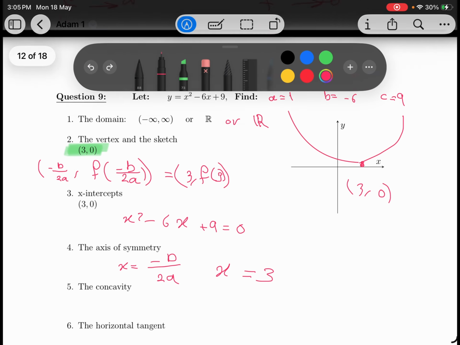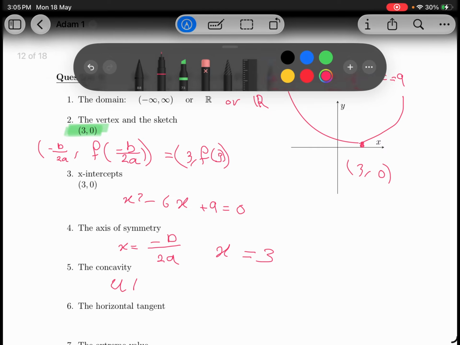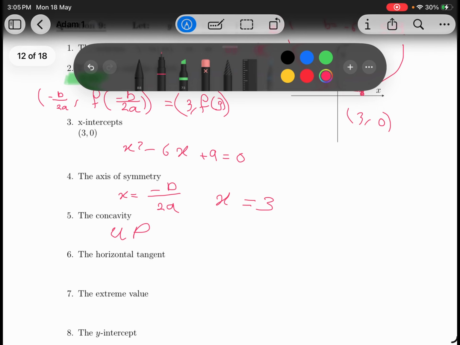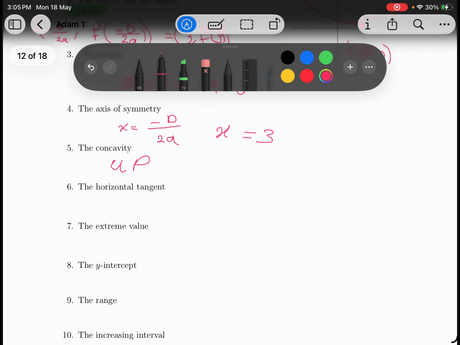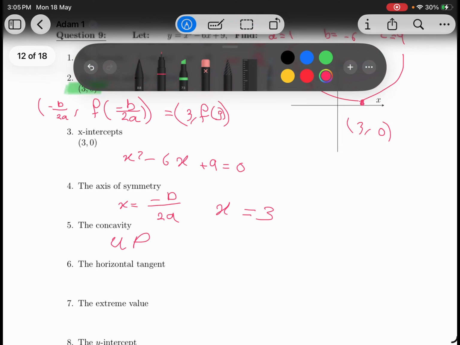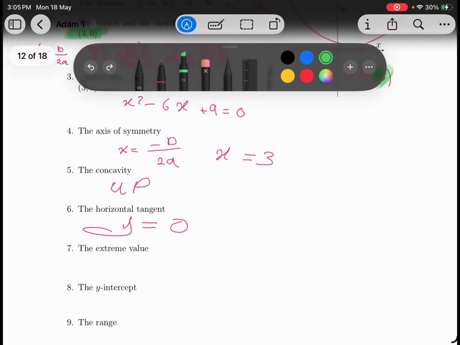And here, guys, concavity, it's indeed concave up over its domain. And the only horizontal tangent, and this horizontal tangent is very special, it's y equals 0, the y-coordinate of the vertex. Y equals 0, it's the same as the x-axis. So the x-axis here is the only horizontal tangent for this parabola.